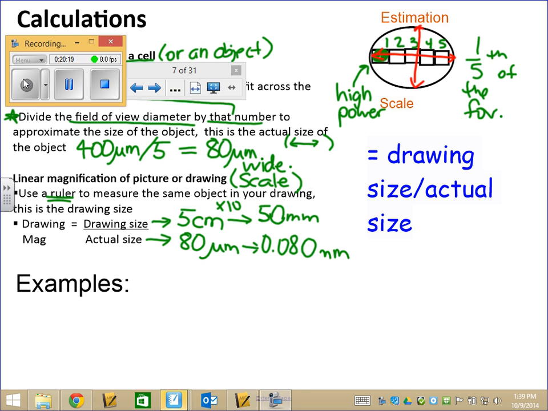That means that when you measure your drawing, why not measure it in millimeters right from the get-go? Then you won't have to convert the unit. Centimeters is probably the unit that you would gravitate to because it's bigger and it's marked on the ruler. But I want to have the same unit for both of my numbers in the calculation, so millimeters makes a little bit more sense.